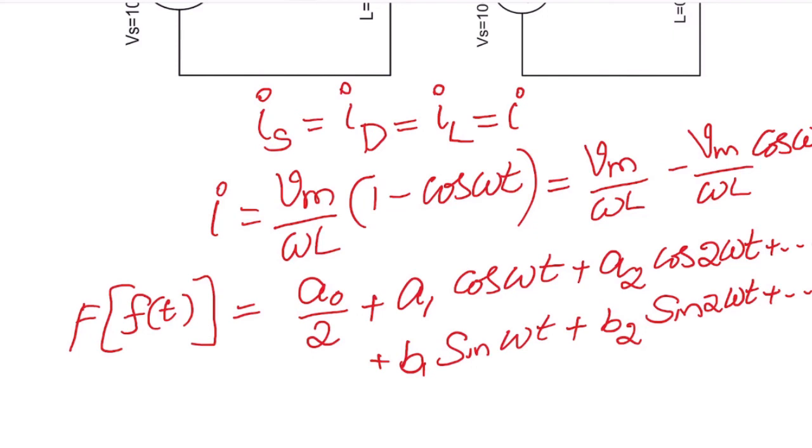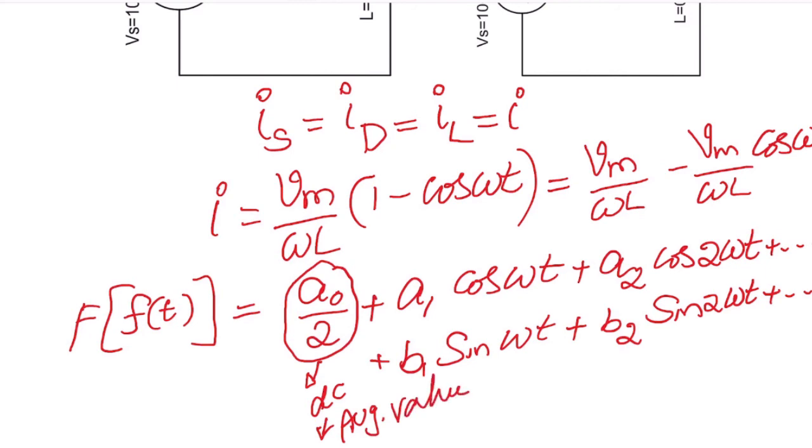You know that a naught by 2 is the DC component, and the DC component is nothing but the average value.